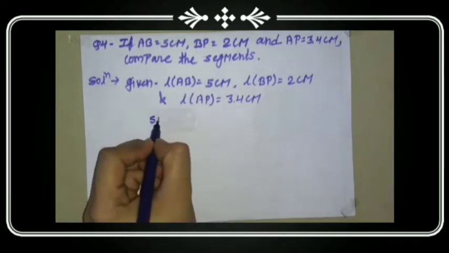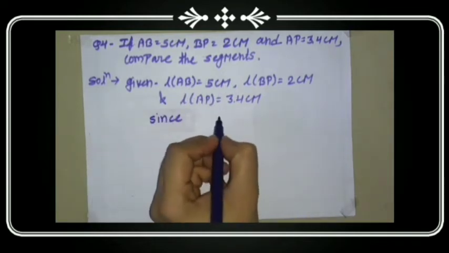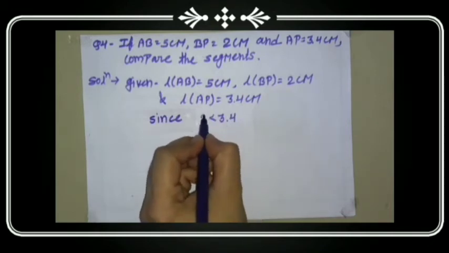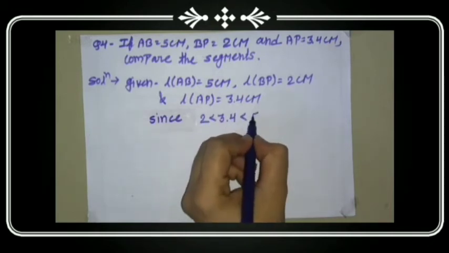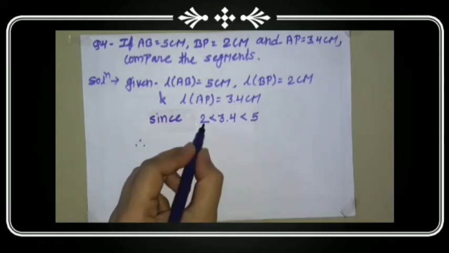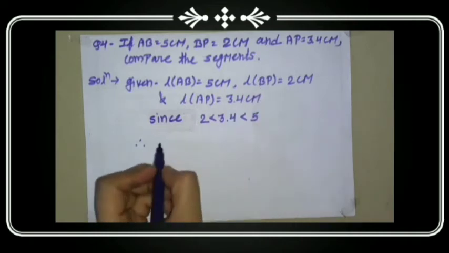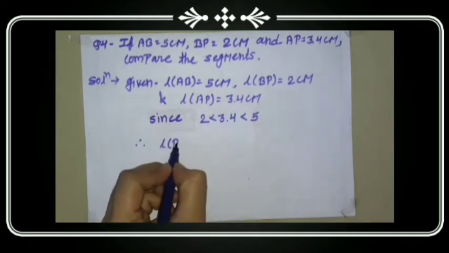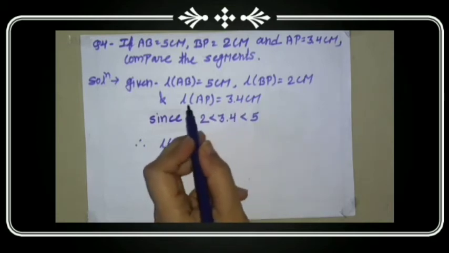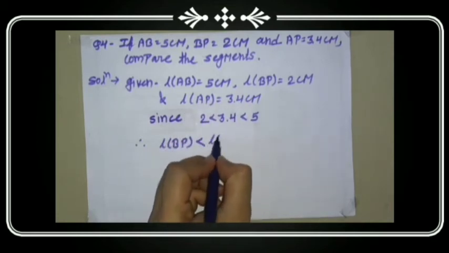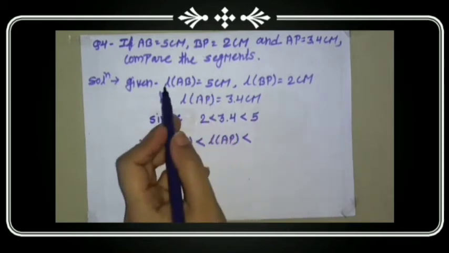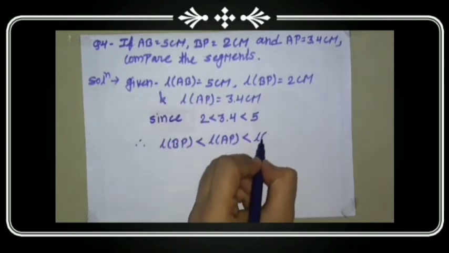Since 3.4 is greater than 2 and less than 5, therefore 2 equal to length of segment BP, 3.4 equal to length of segment AP, 5 equal to length of segment AB.